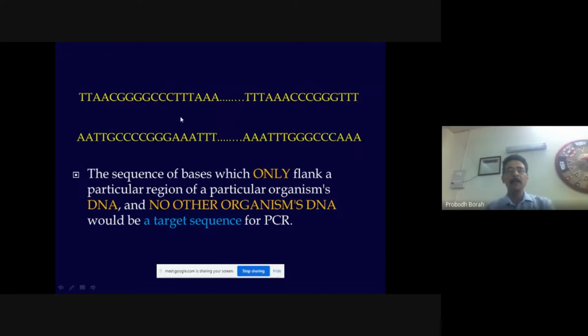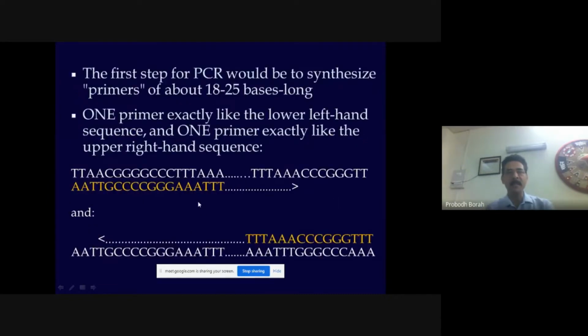So you can also possibly design the primer by manually reading the sequence of the flanking region. Suppose the flanking region sequence is AAA, TTT, CCC, like that. This is the upstream region. So the primer can be designed based on this sequence as TTT, AAA, GGG, like that.